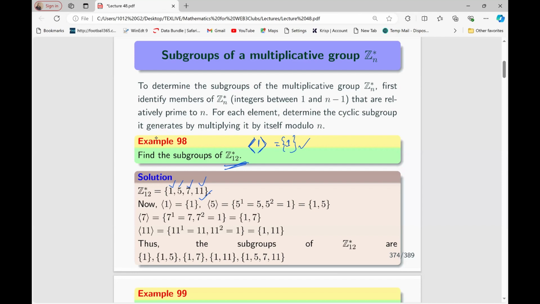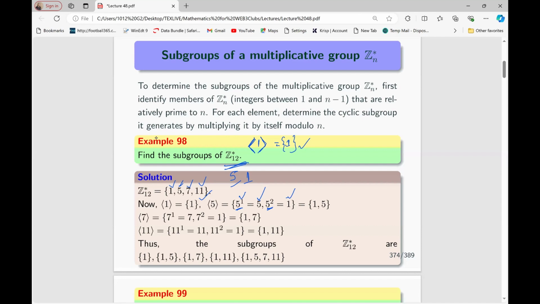Now, the next element is 5. 5 once is 5. 5 twice is 25 mod 12. Mod 12 means we divide by 12 and take the remainder. That gives us 1. So we've reached the identity and we stop. We just multiplied 5 twice. 5 once gave us 5, then 5 twice gives us 1.